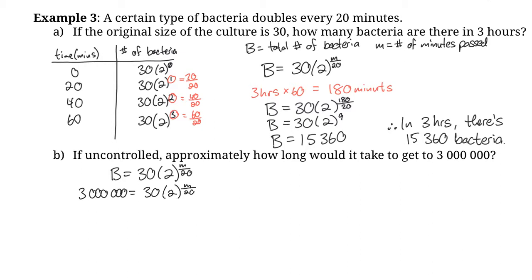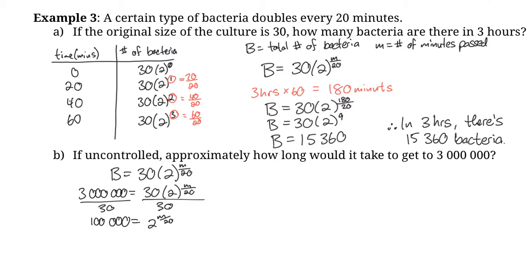So now we can start solving and isolating for m. So we'll need to divide by 30. So we're going to get 100,000 is equal to 2 to the power of m divided by 20.